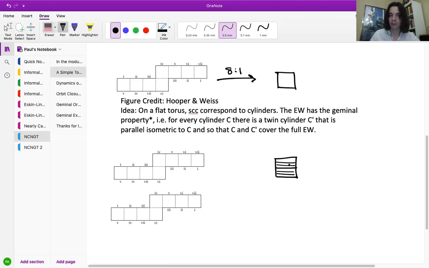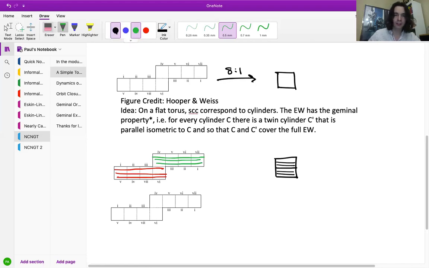That's the definition of a cylinder. So if we see what the preimage of that cylinder is, well, in this case, for the horizontal cylinder, this red cylinder is one of the preimages, and this green cylinder is the other. And the geminal property implies that these two cylinders are going to be homologous to each other.